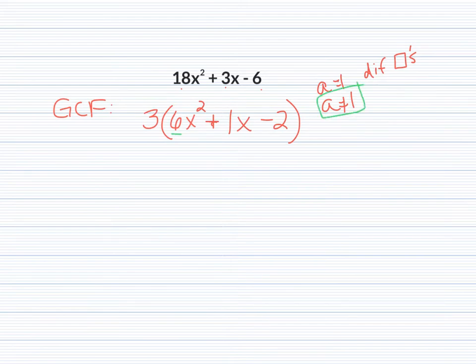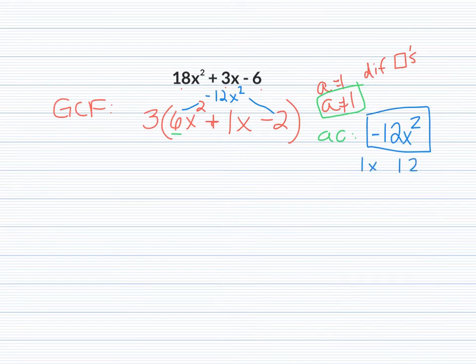So this is where we do the AC method. A times C gives me negative 12x squared. So AC is negative 12x squared. So let's think about factors of negative 12. So 1x and 12x, or 2x and 6x, 3x and 4x.